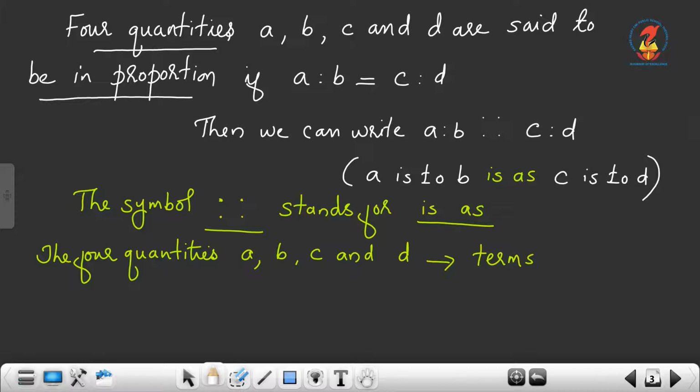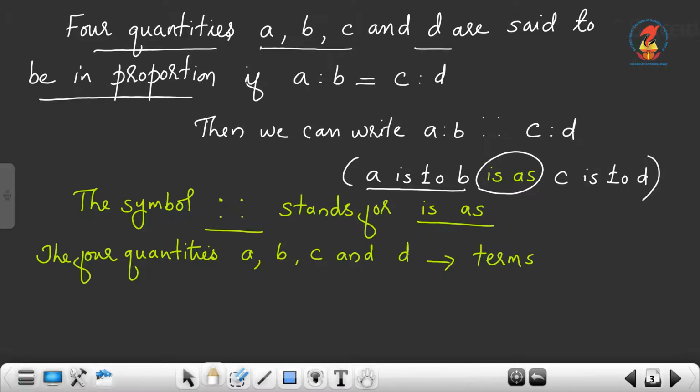The 4 quantities are given in order A, B, C and D. Therefore, the ratio of the first 2 terms A is to B is equal to C is to D. Then we can write A is to B is as C is to D. When you see this symbol, you will understand that the 4 quantities are in proportion. The symbol stands for is as.